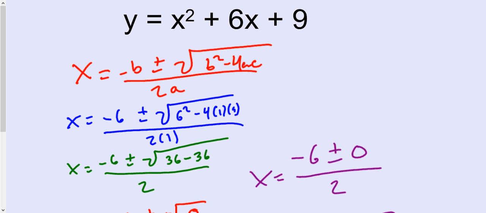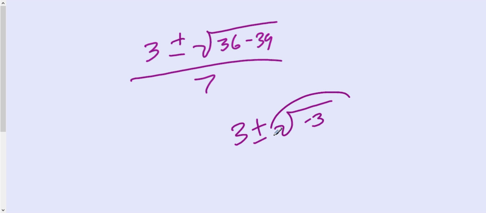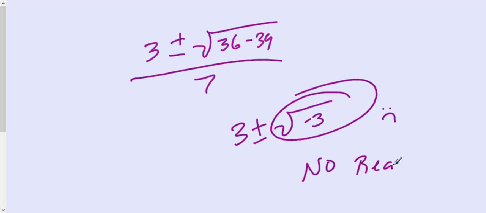We know that square roots cannot be taken of negative numbers. So if we end up getting a problem where underneath our radical at some point, so we have 3 plus or minus the square root, and we have 36 minus 39 all over 7 or whatever, the minute we get this negative underneath the radical, we have no real roots.